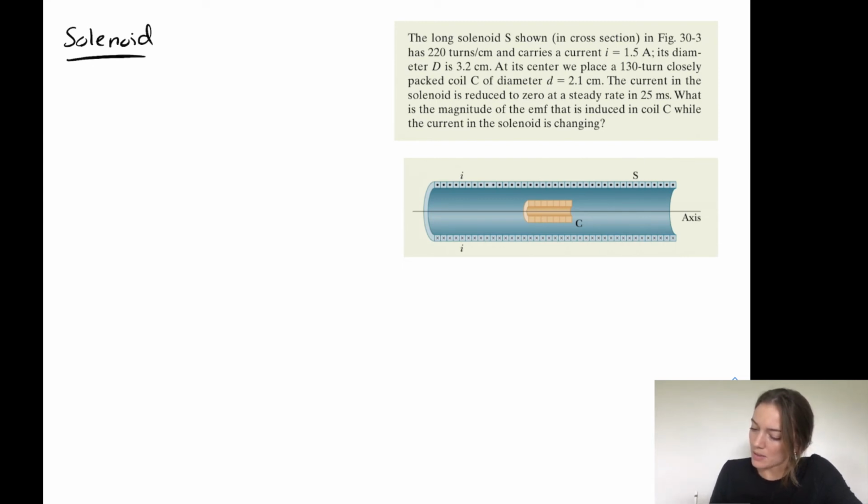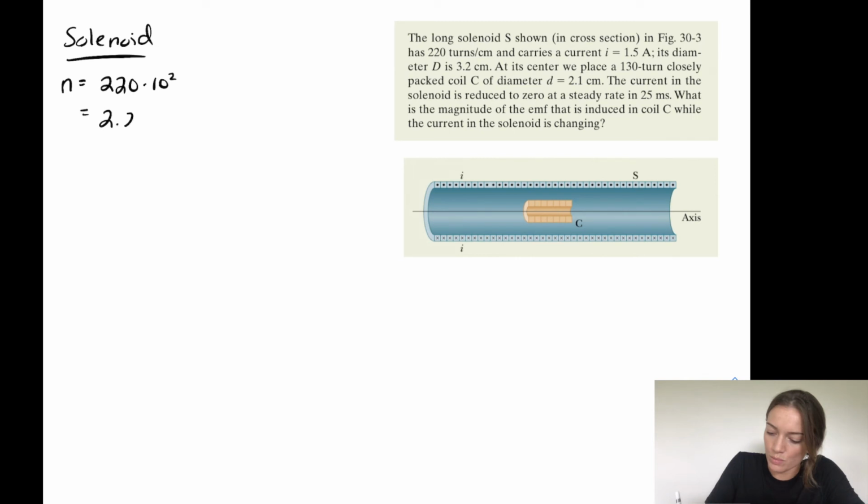So the outer solenoid has 220 turns per centimeter. As we saw in our other problem, that means 220 times 10 to the 2 because it's per centimeter. So this is 2.2 times 10 to the 4 turns per meter. And then it has a current at time t equal to 0 of 1.5 amps, and we'll see that the current decreases.